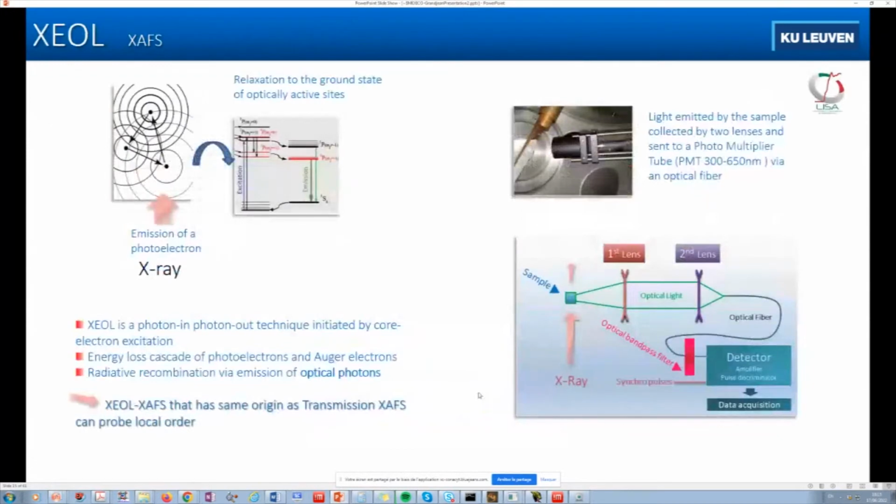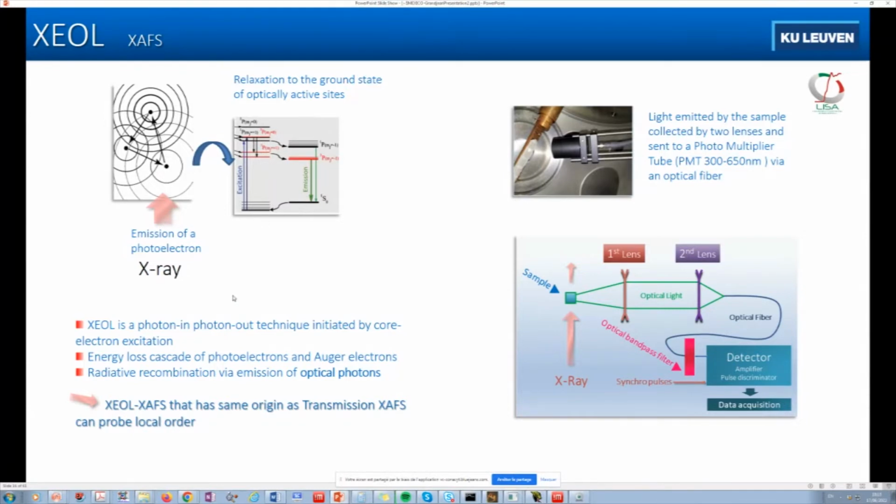And what I'm going to show you is another mode of detection of EXAFS, which is XEOL, X-ray excited optical luminescence. So now we are going from the X-ray, which is about 10 keV, and we should collect the signal in the form of optical luminescence, which is 2 or 3 eV.